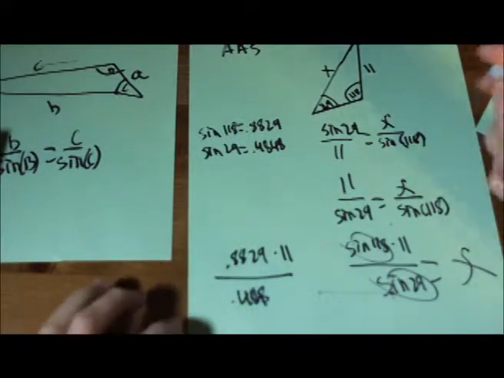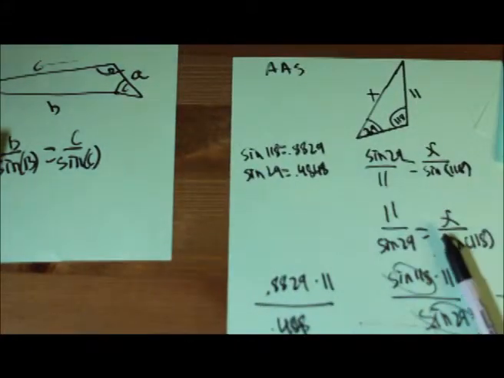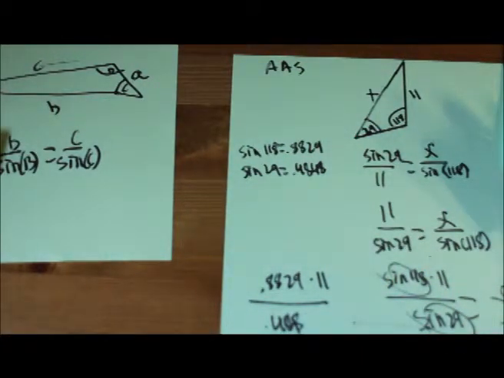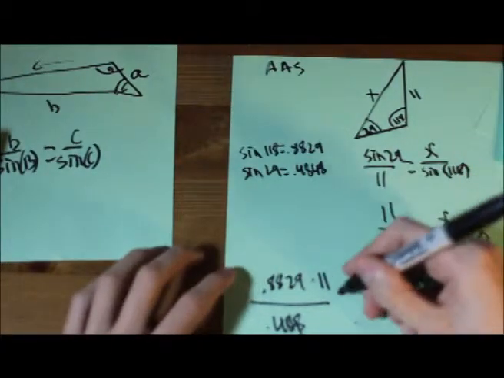So for the top you're going to get 9.7119 divided by 0.4848.